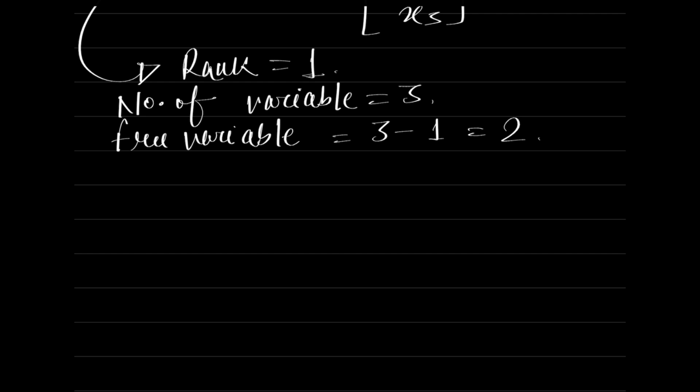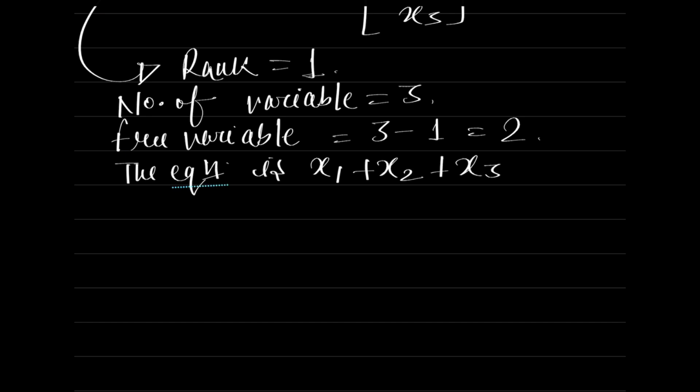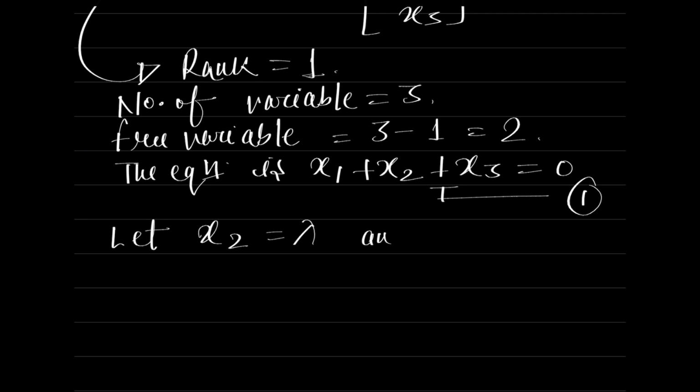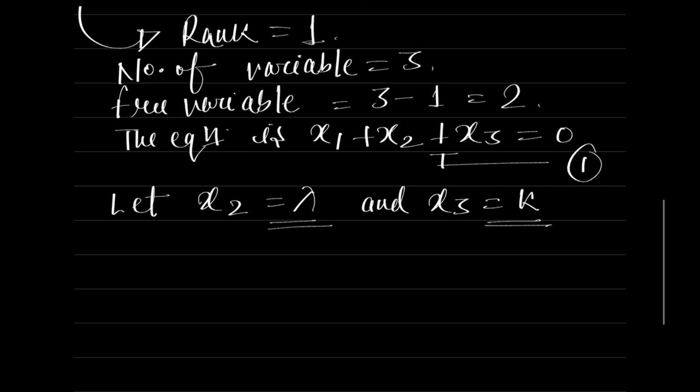So our equation becomes x1 plus x2 plus x3 is equal to 0. This becomes our equation 1. Let us take x2 as lambda and x3 as k, as we have two free variables, so we take two assumptions.